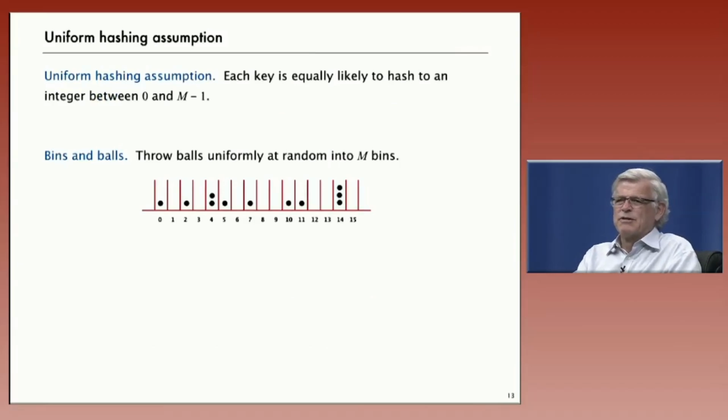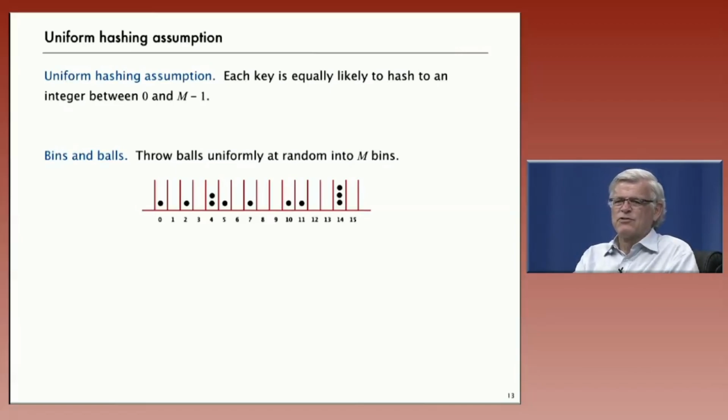So that's our assumption, that each key is equally likely to hash to an integer between 0 and m minus 1. And this assumption, with work, it's possible to come close to. Lots of researchers have done good work to show this. So we'll assume that as a starting point.